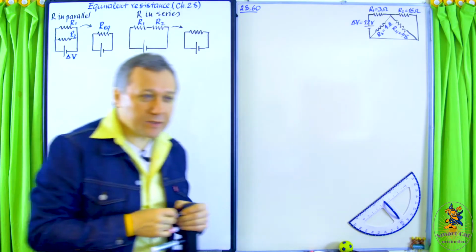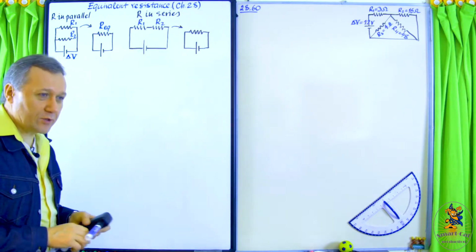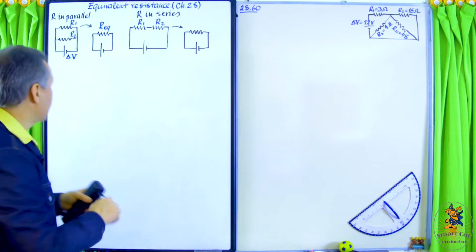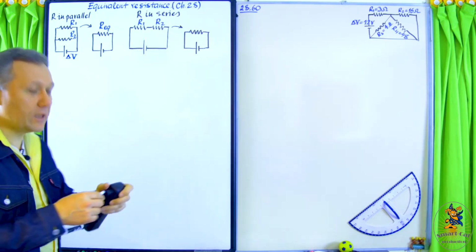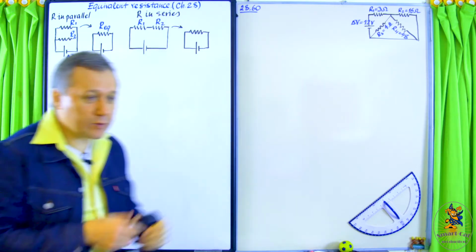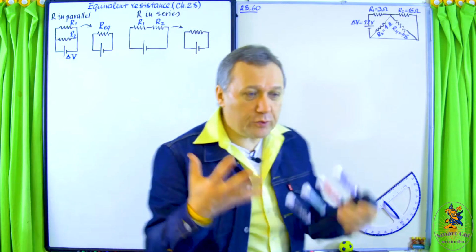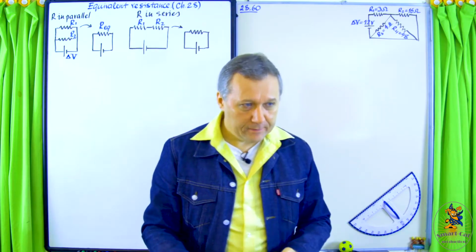And when you do this replacement, very important part of this method, the rest of the circuit must work in exactly the same way. In this case, it's just a battery. But of course, in real life, you can spend weeks building the rest of the circuit. And if you replace a small part of the circuit, of course, you don't want to destroy the work of the rest of your circuit, right?